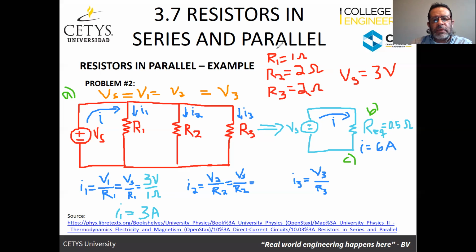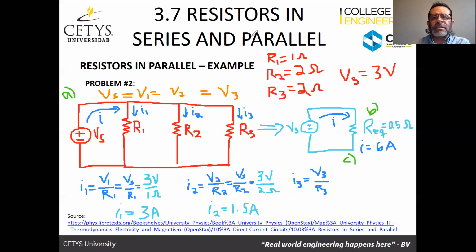And so this is going to be the same as having 3 volts divided by 2 ohms. And that means that I2 is going to be equal to 1.5 amps.